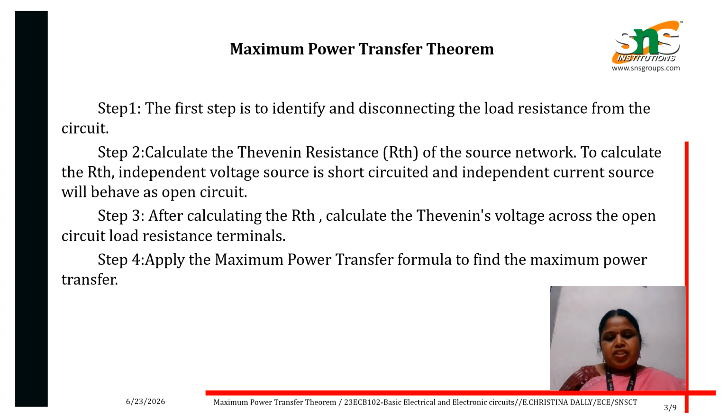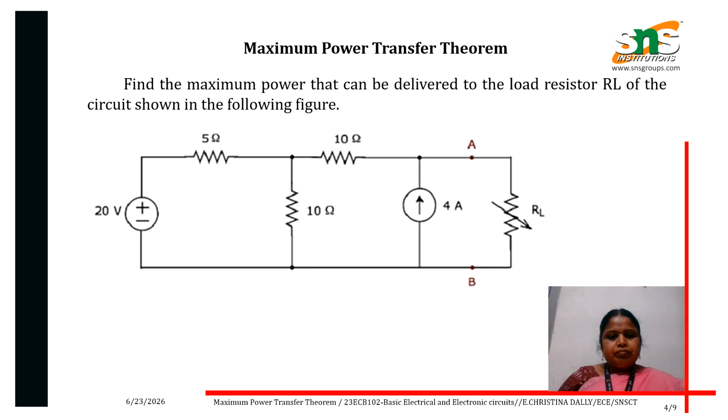After that, we calculate the Thevenin's voltage across the open circuit load resistance terminals. Then we apply the maximum power transfer formula. These are all the steps we take to obtain the maximum power transfer.